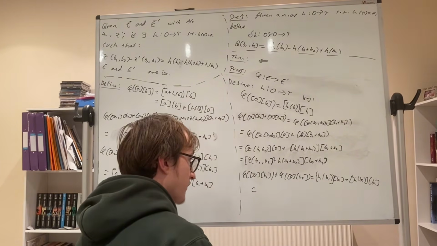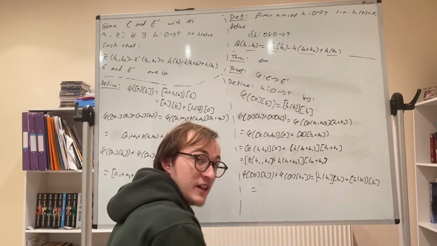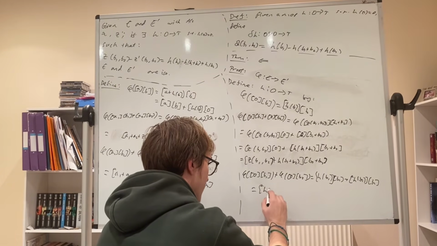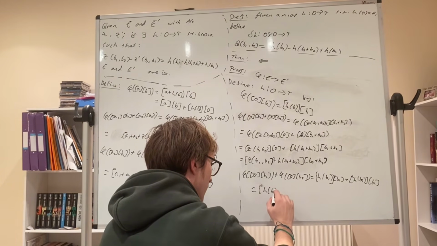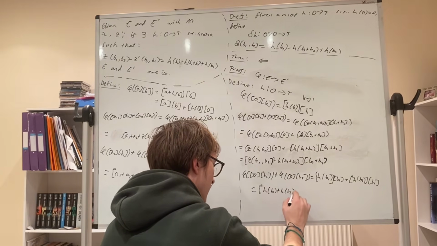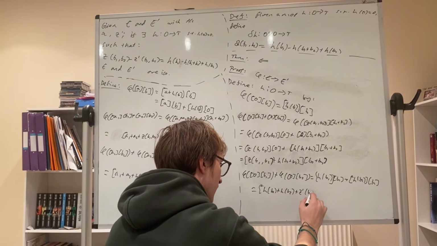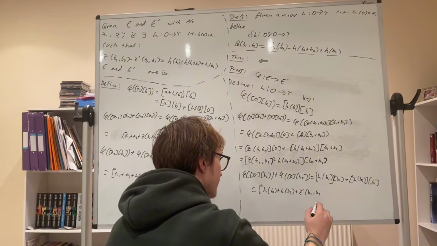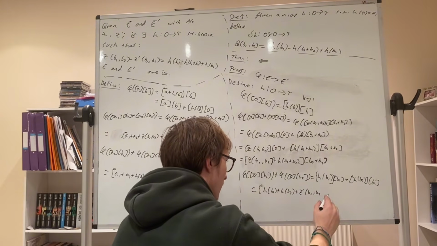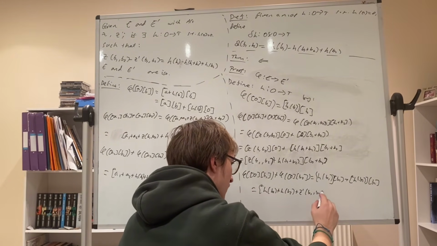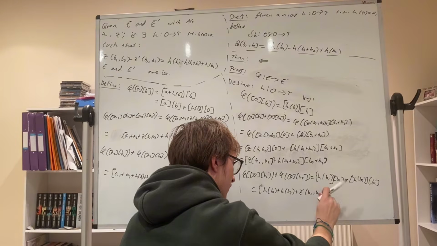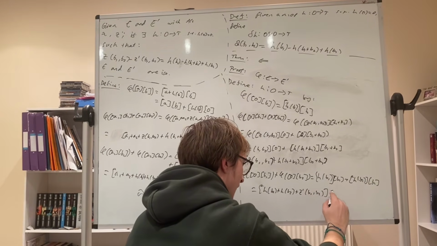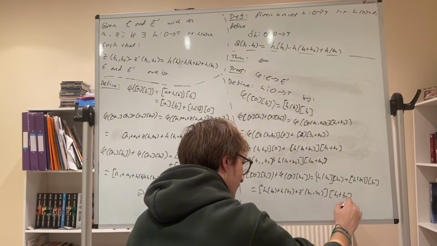This is equal to, by definition, now we're adding in E prime, so we get h of b1 plus h of b2 plus z prime of b1, b2, and then b1 plus b2 in the last section.